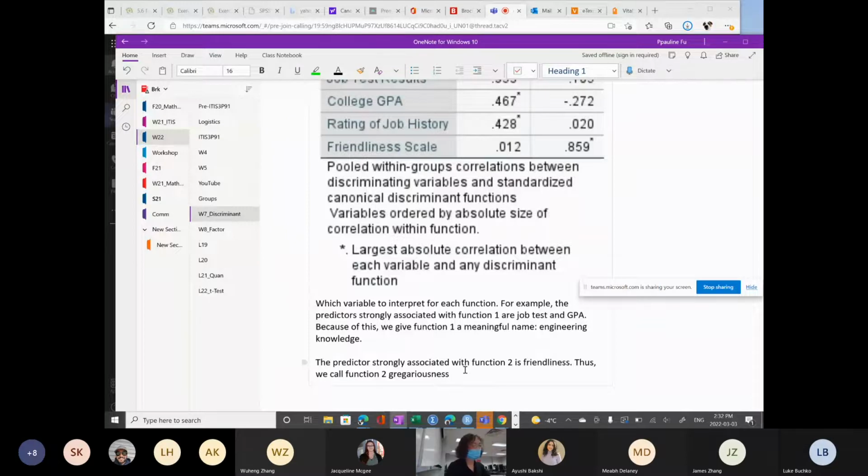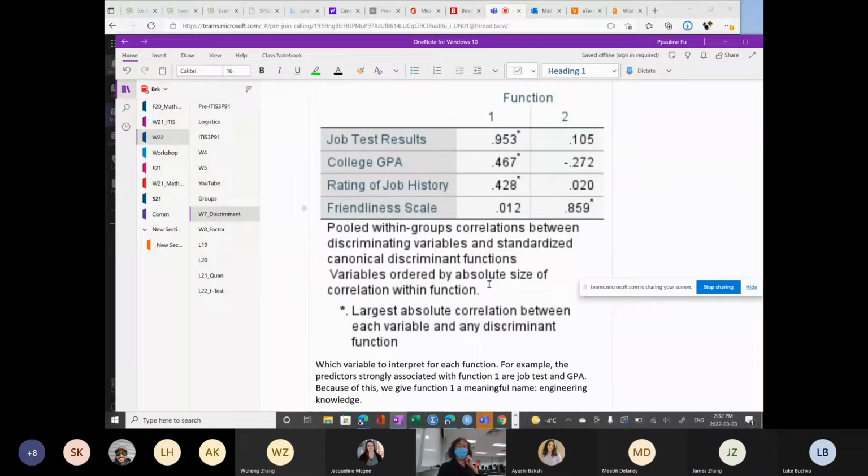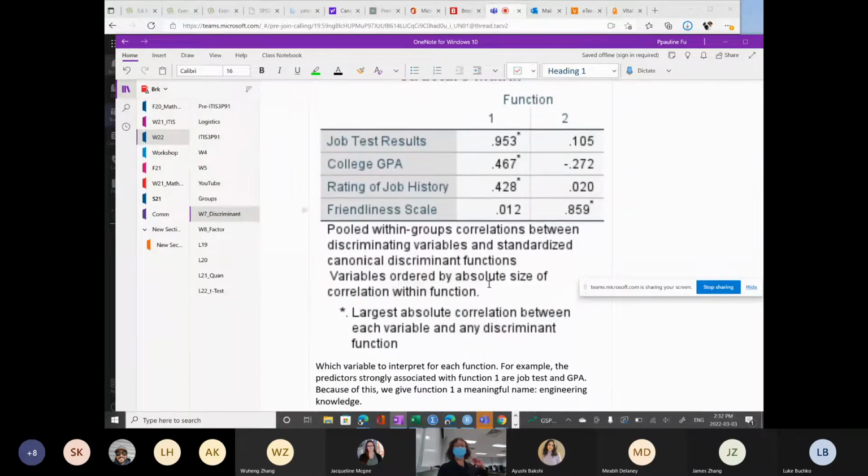Any questions so far? Yes? Why did we only pick 2 for function 1 and 1 for function 2? Oh, thank you. We could pick 2 for function 2 as well.